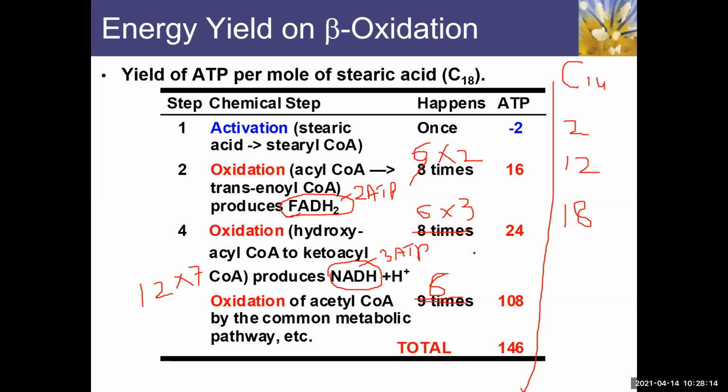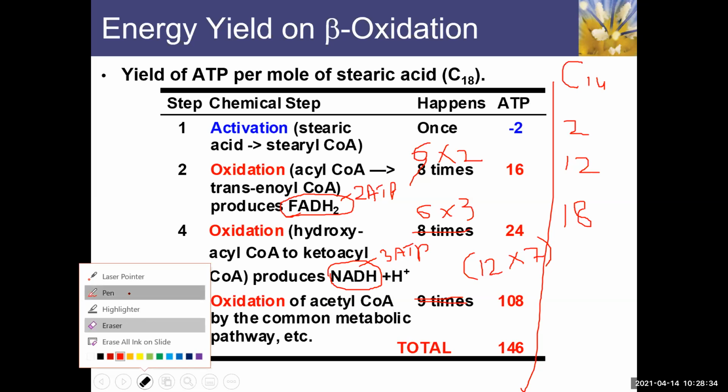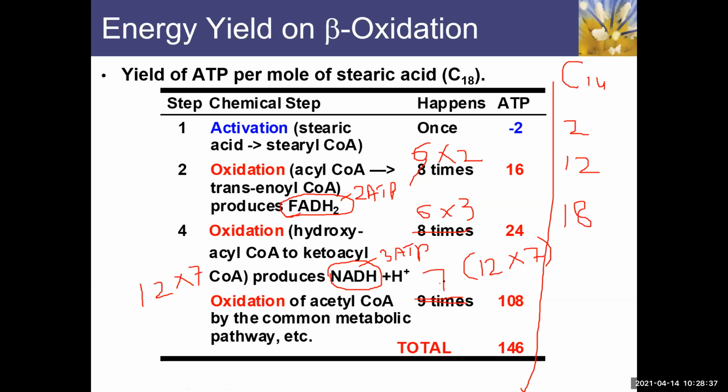Here you need to know the acetyl-CoAs, not the cycles. I have 7 acetyl-CoAs produced, right? So 12 multiplied by 7 will be 84, correct, right?